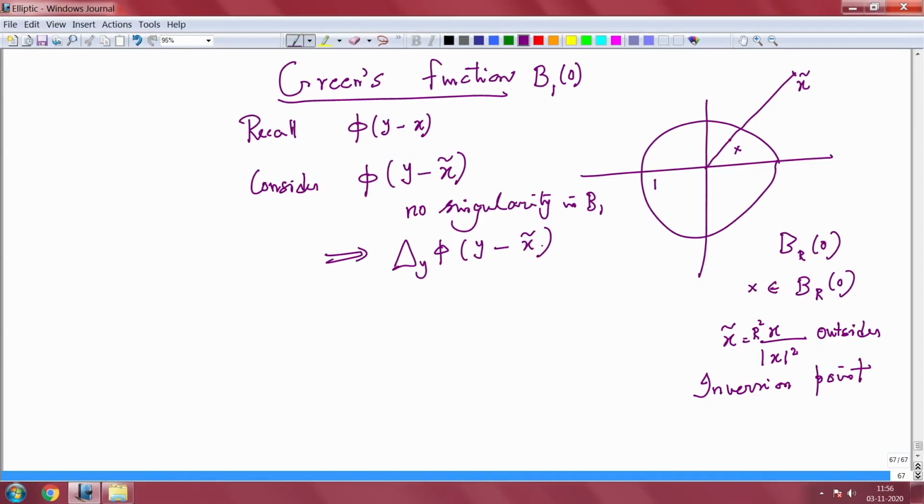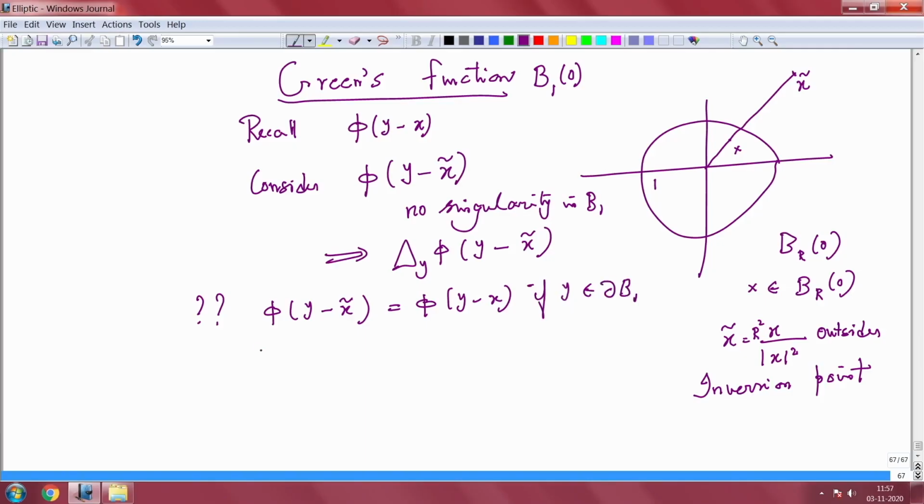But the difficulty is that when y is on the boundary, you want phi of y minus x tilde to be equal to phi of y minus x if y is on the boundary.